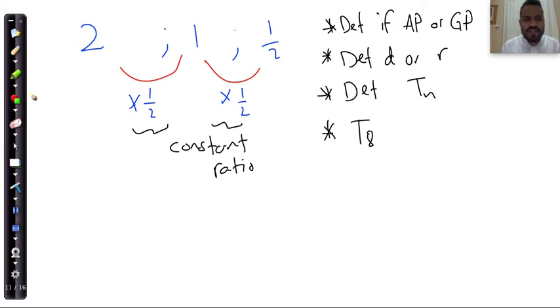So we can answer the first question. Let's label them question 1, question 2, question 3, question 4. Question 1: this is clearly a geometric progression.